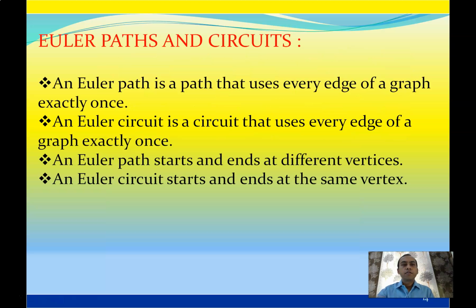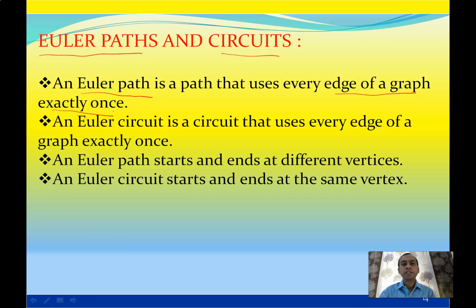Now see the Euler path and circuit. For the Euler path and Euler circuit I have given notes. You have to follow those notes. For your quick revision, I am also saying here the same thing which was previously discussed. An Euler path is a path that uses every edge of a graph exactly once.